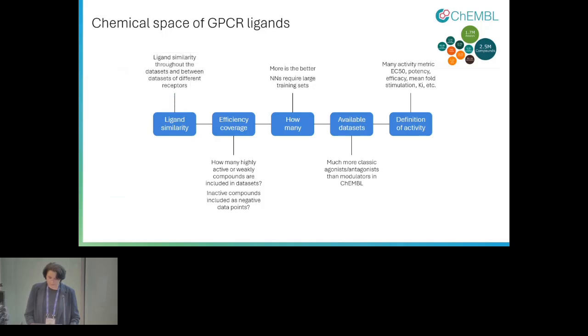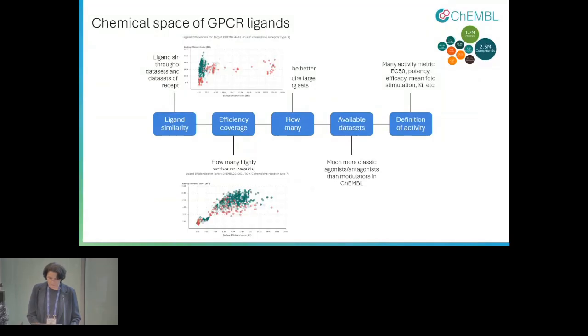Another problem is coverage of possible ligand efficiencies. Frequently, we have only very good and very bad compounds in datasets, such as shown here.